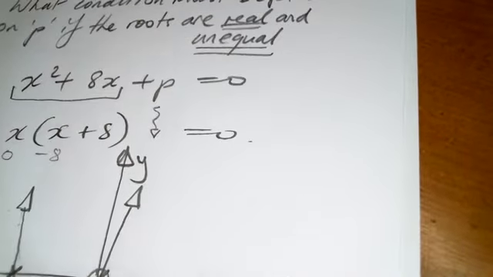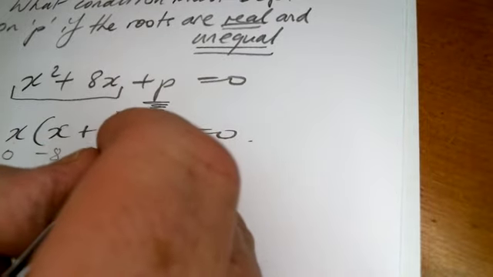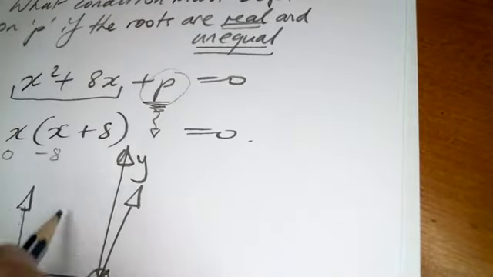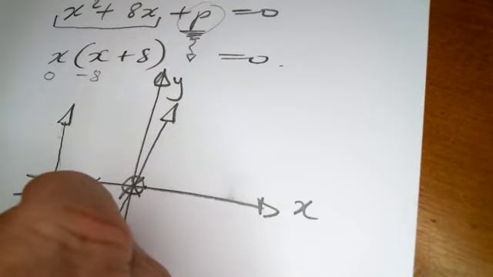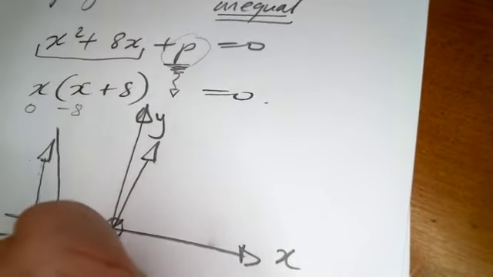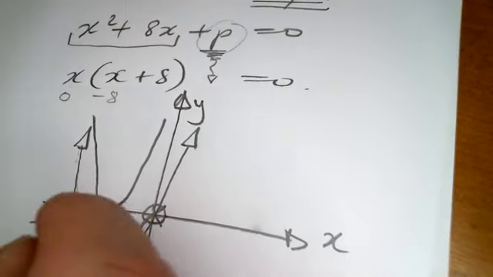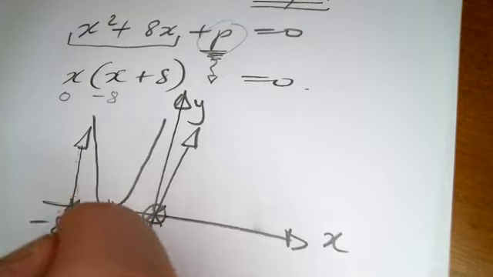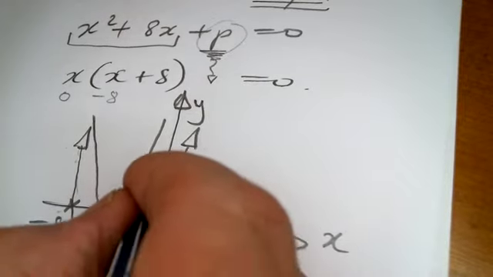By the way, if we were to introduce a p-value here that actually increased the value of this, because that p-value here is responsible for moving it up and down. So if I moved it up this far, so it was halfway in between there, then suddenly it would have moved up so many units, and this point here now is going to be halfway in between, and now we actually have an equation for this line here.